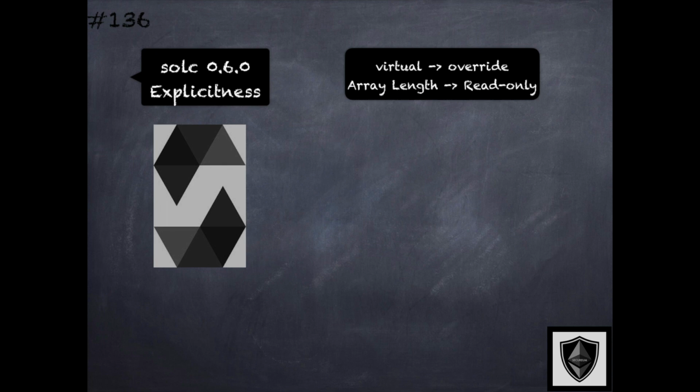Functions in base classes can now only be overridden when they're marked with the virtual keyword, and their corresponding overriding functions need to use the override keyword. Array length is read-only. It's no longer possible with version 0.6.0 to resize storage arrays by assigning a new value to their length.